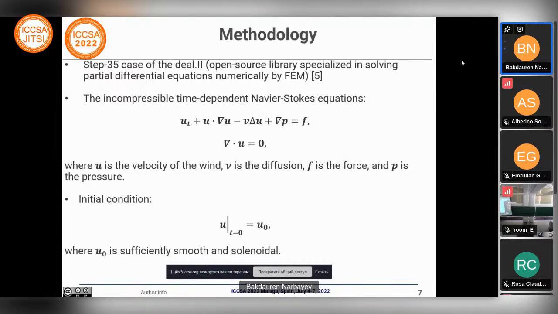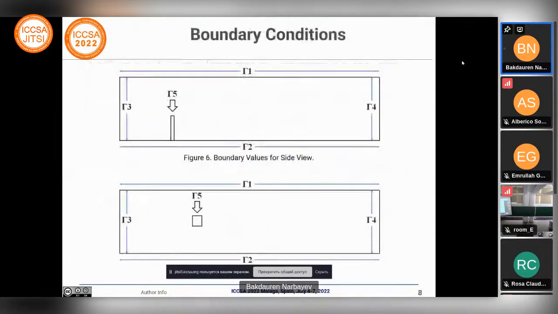So regarding boundary conditions, first of all, we imposed no-slip boundary conditions on the top gamma 1 wall, the bottom gamma 2 wall, and the building itself. On the left vertical part, gamma 3, we set the initial velocity values of the incoming flow.